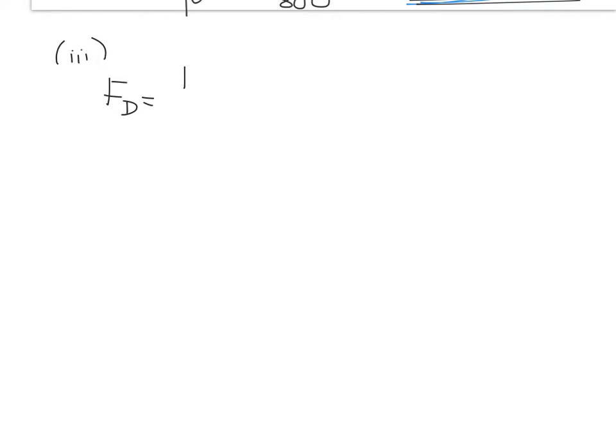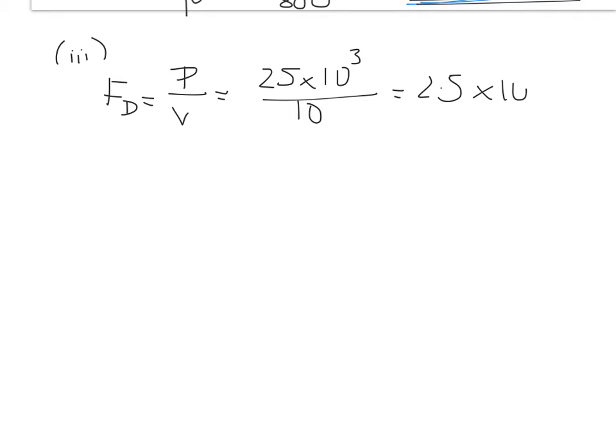We're going to be using this equation in a slightly different form to last time. We've still got the same power, so we're still going to have 25 times 10 to the 3. We're going at 10 meters per second, so this force here is 2.5 times 10 to the 3 newtons.